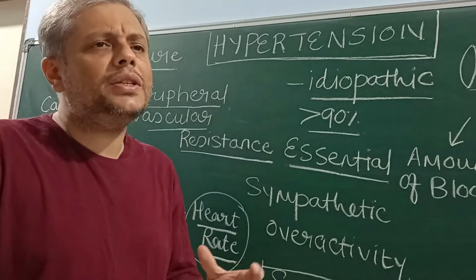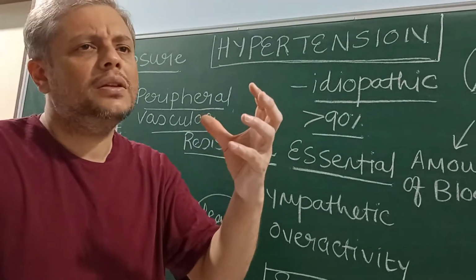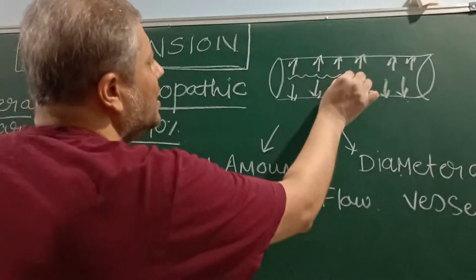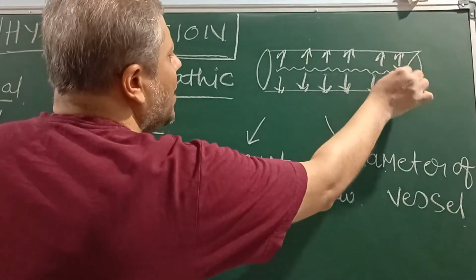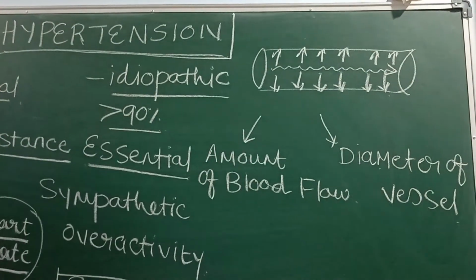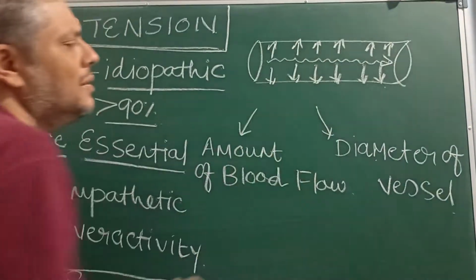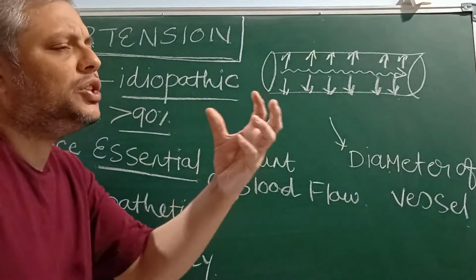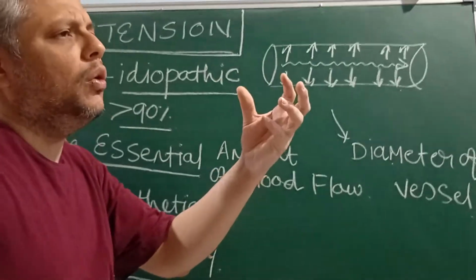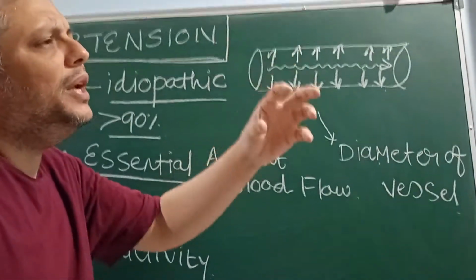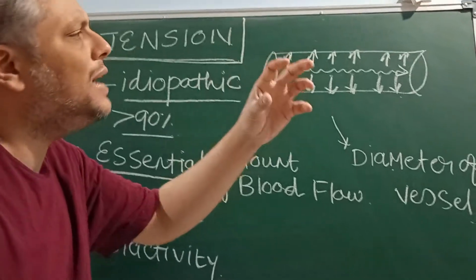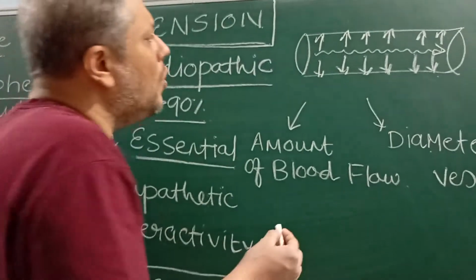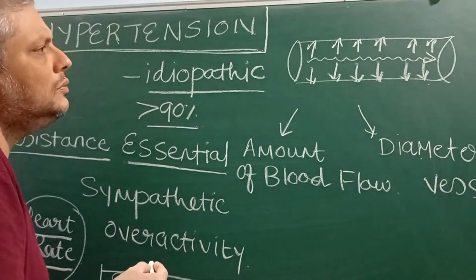Peripheral vascular resistance means the resistance which is offered to the column of blood when the blood column moves in the peripheral vessels. It cannot pass as such, because in the arterial system, if you look at the structure of the arterioles, there is a tunica intima, media and adventitia, and this media is a muscular layer and it offers a pressure.